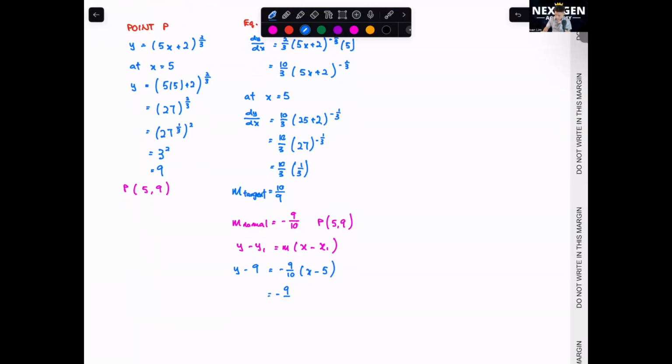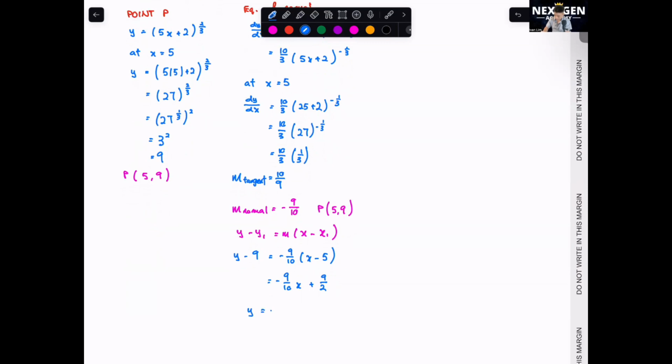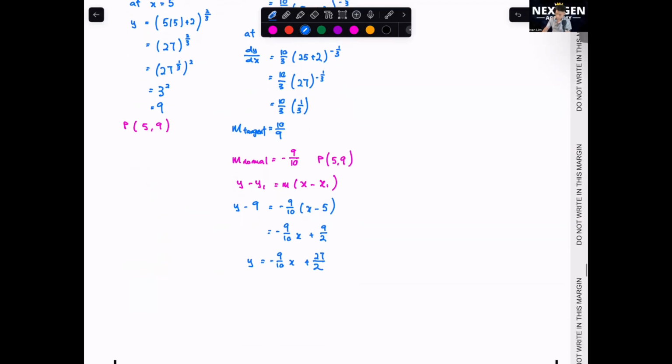Negative 9 over 10 x plus 9 over 2. Bring the 9 to the right hand side. We plus 9. So 9 plus 18 is 27, so 27 over 2. Not necessary to do this. So this is our equation of normal.